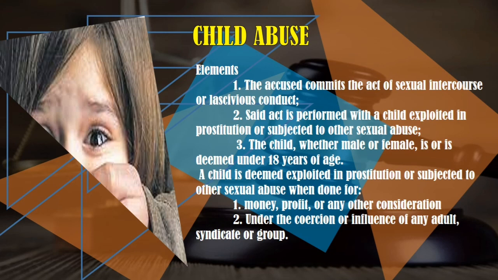So, a child is deemed exploited in prostitution or subjected to other sexual abuse when done for, one, money or profit or any other consideration; two, under the coercion or influence of any adult, a syndicate, or any group.